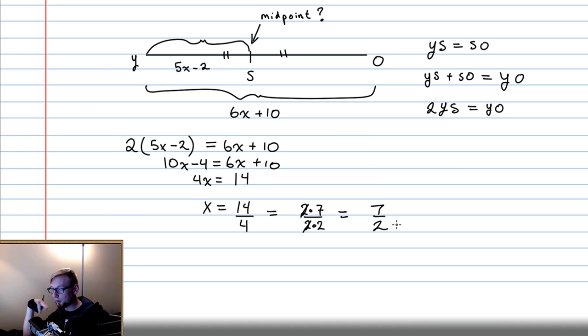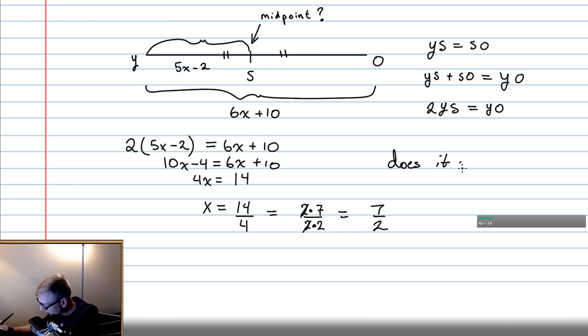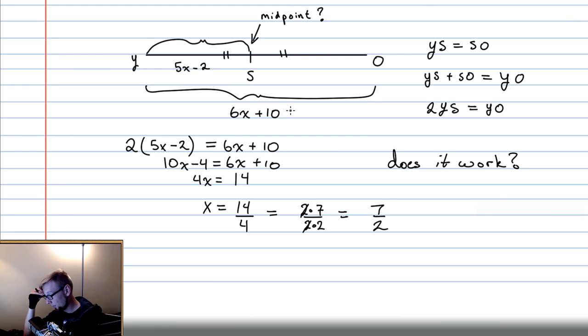Let's think, does it work? How would we know if it works? 6x plus 10 is the whole line segment, and 5x minus 2 is half of the line segment.